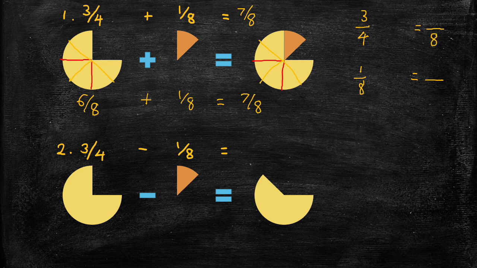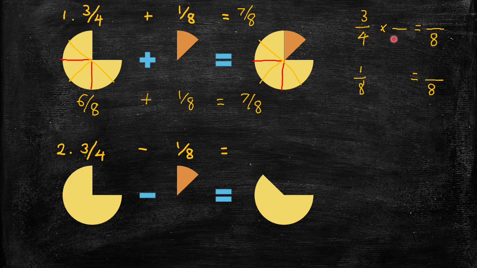So what I want to do is have 8 be in the denominator of both of the fractions. To get 8 in the denominator of this fraction, I need to multiply by a fraction that's equivalent to 1. And a fraction that's equivalent to 1 will have the same numerator and denominator.